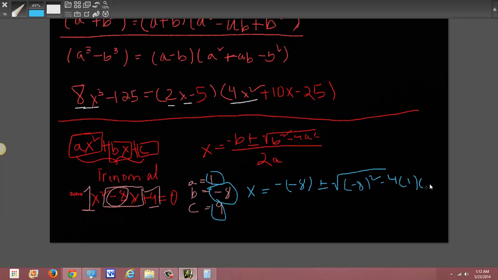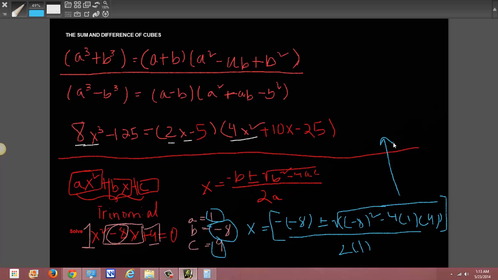So we're going to put 9, over 2 times 1, since A is 1. And we're just going to add extra brackets. You don't have to add the brackets, it's optional.